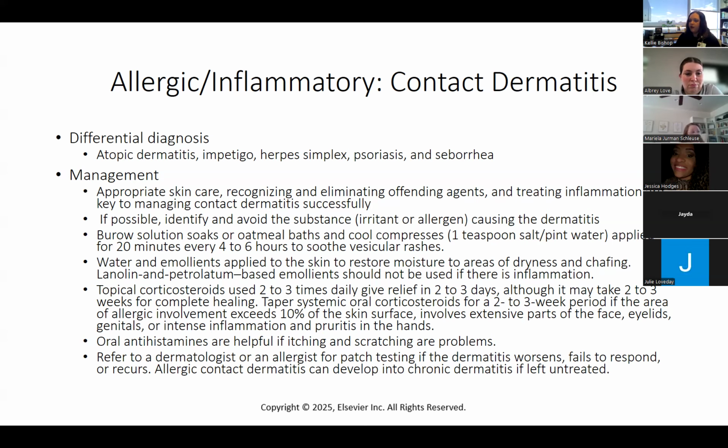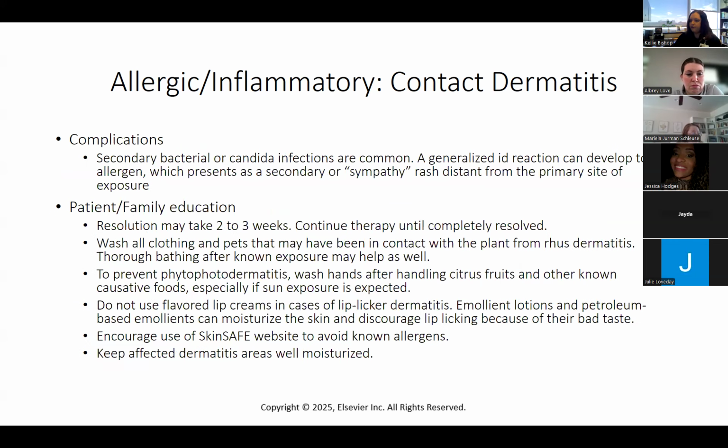So that's where we would treat with an oral corticosteroid. But for just general poison ivy on the arm, you wouldn't do that. Oral antihistamines are helpful with the itching and scratching. And if it worsens and is not responding, then you would send them to dermatology.